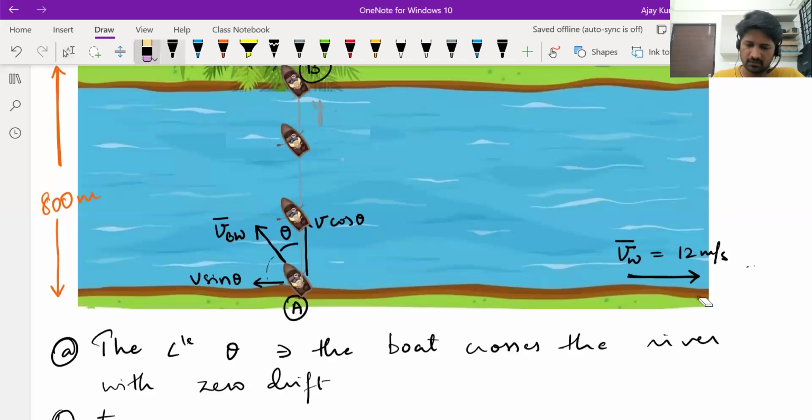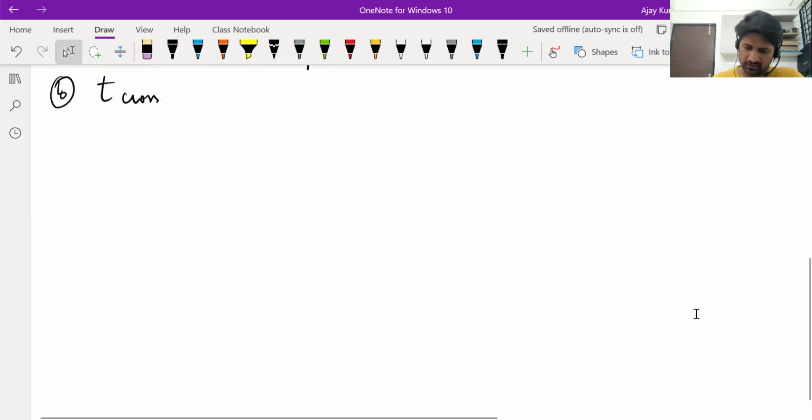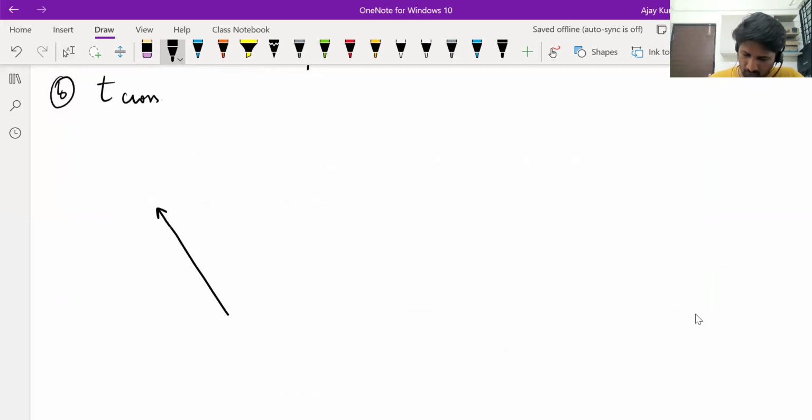At every moment, if you visualize the vector diagram, this is how the boat is angled. So with respect to water, that is how the boat moves. Now we know VBW is VB, velocity of boat, minus VW, velocity of water.